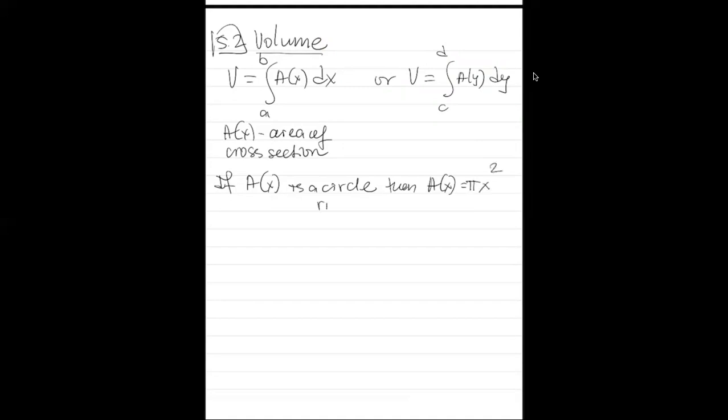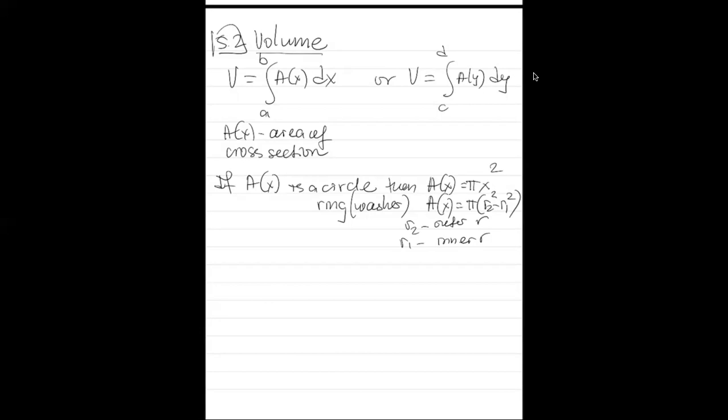If it's a ring or a washer, then the area is pi times r2 squared minus r1 squared, where r2 is the outer radius, r1 is the inner radius of the ring. So this is our first method for finding volume, where the cross section is either a circle or a washer.